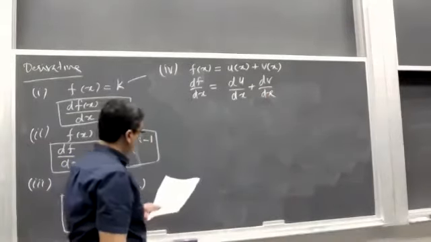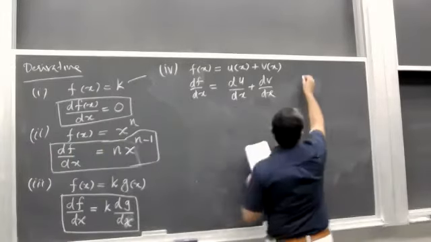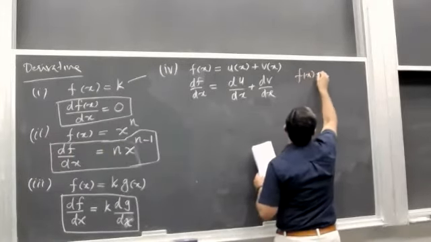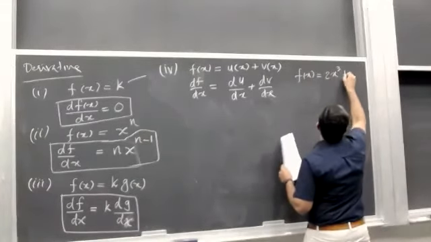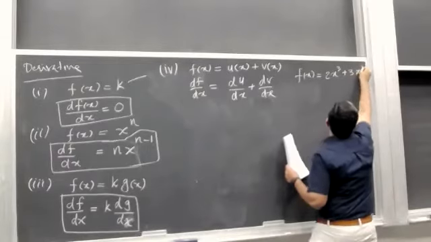So an example would be if you have f of x is equal to 2x cubed plus 3x squared.